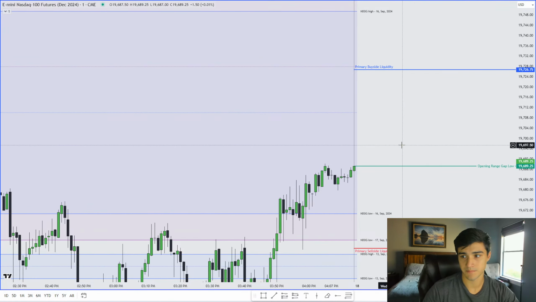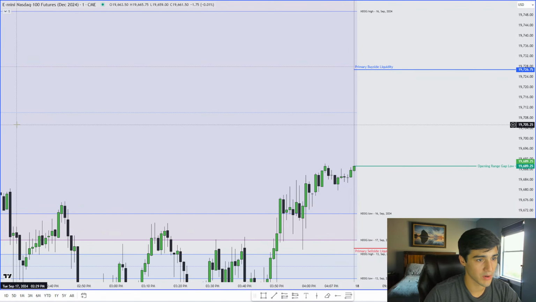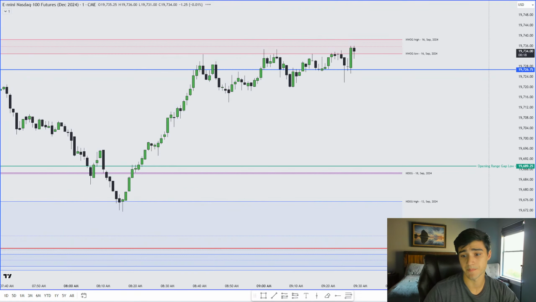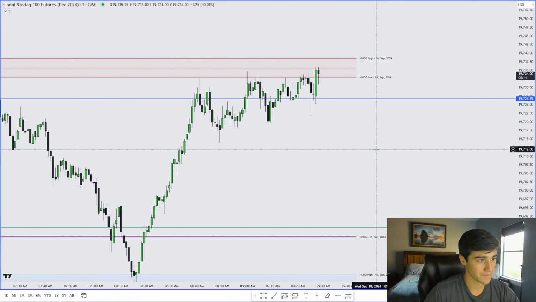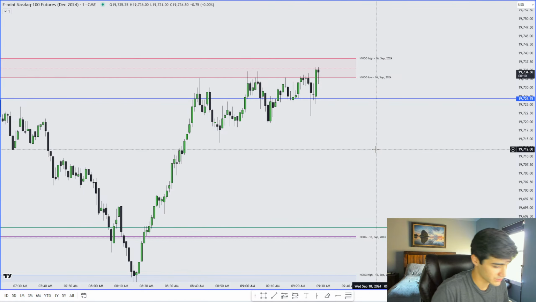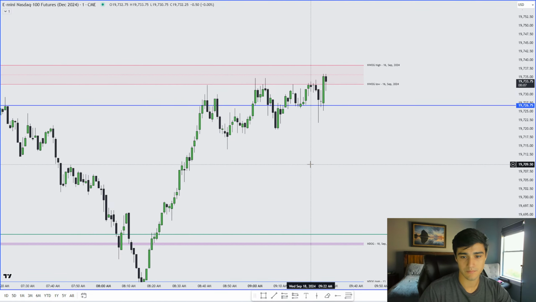Okay, so I marked that. And it looks like we have a gap opening of over 40 handles. If we have a gap opening over 40 handles, that is a good indication that we could potentially see some volatility in this session. So it's good.